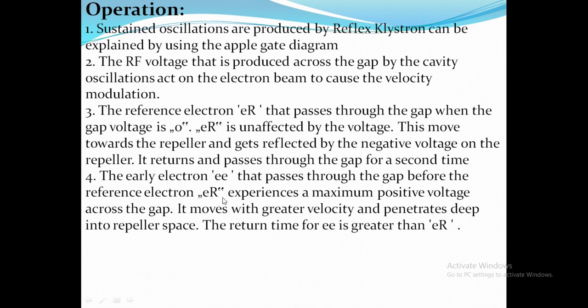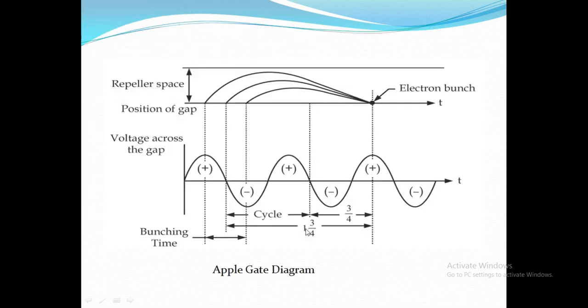The early electron passes through the gap before the reference electron and experiences maximum positive voltage across the gap. It moves with a greater velocity and penetrates deep into the repeller space, so the return time for the early electron is greater than for the reference electron.